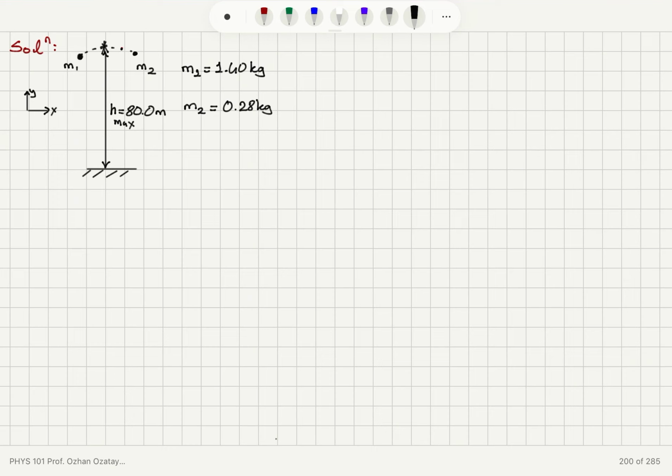So there is chemical energy that has been converted into kinetic energy of the system. So 1/2 m1 v1 squared plus 1/2 m2 v2 squared is 860 joules. So that's the chemical energy converted into kinetic energy.